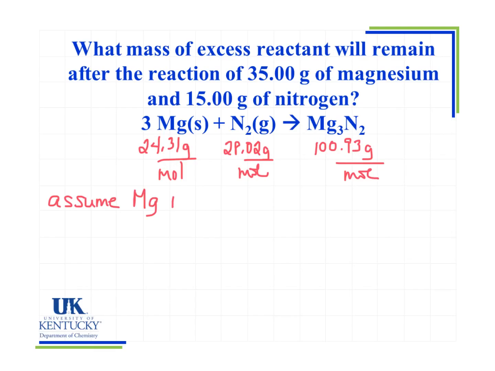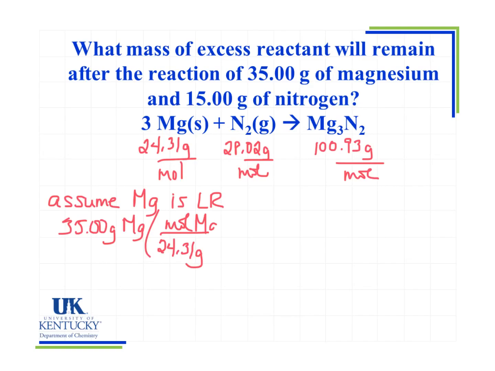If I assume magnesium is my limiting reagent, or LR, then I have 35 grams of magnesium, and I'm going to have to get that to moles, because all my calculations need to be in terms of moles when I look at the stoichiometric relationship between two substances. So I have 24.31 grams per mole of magnesium. Note that I put the grams on the bottom so that those will cancel out.